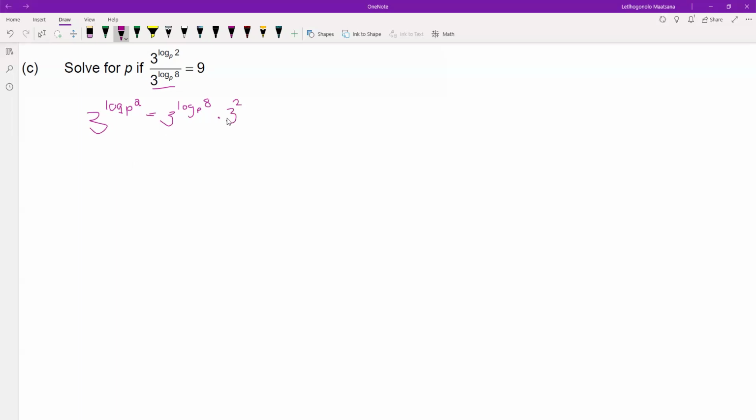Now, since our bases are all the same, we can go ahead and drop the base and just focus on the exponents. So we will then have log base P of 2 is equal to log base P of 8.